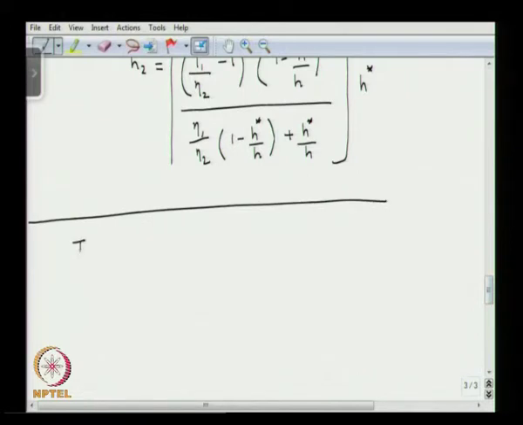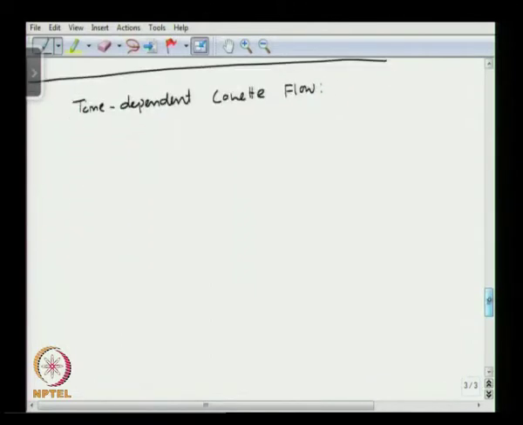So, let us talk about time dependent Couette flow. Here we have one of the plates, let us say this is the bottom plate, this is the x direction, and this is the z direction, and this is the second plate.